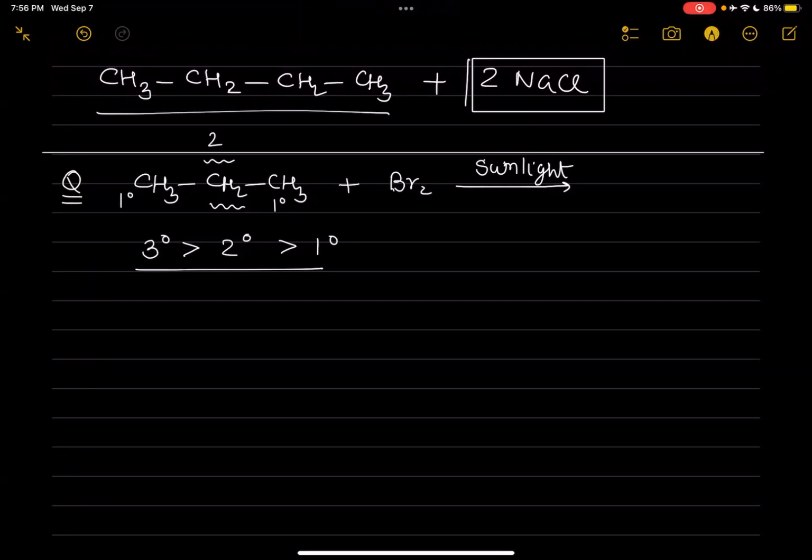This is a secondary carbon because it is connected to two carbons. So the bromine will get connected to the secondary carbon, or if a tertiary carbon is there, then it will get connected to the tertiary carbon. If you have more options, then you need to think in this way. Is it clear to all of you? You need to remember this.